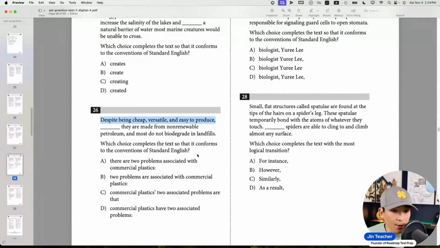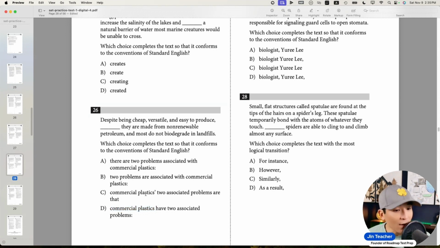So when you think about it logically, it's the commercial plastics that are cheap, versatile, and easy to produce. So the commercial plastics have to appear at the beginning of this answer choice, right after the modifying phrase. So I know that D is going to be the correct answer. Modifier questions, when you recognize you're being tested on it, take you 5 seconds to solve.